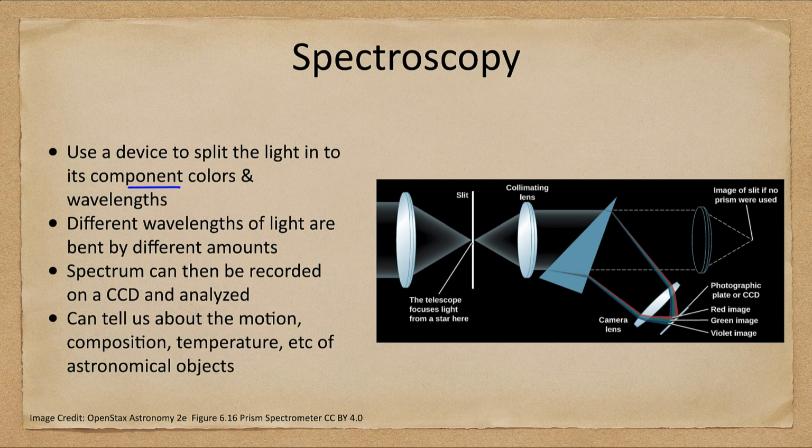We can then look at a spectrum of it. Remember, the different wavelengths are bent by differing amounts. And the spectrum can then be recorded on a CCD and analyzed. You could also do it on a photographic plate. So you could put a photographic plate there, or currently you would put a CCD there to be able to record that digitally. And again, you learn about the motion and the composition from the spectral lines.